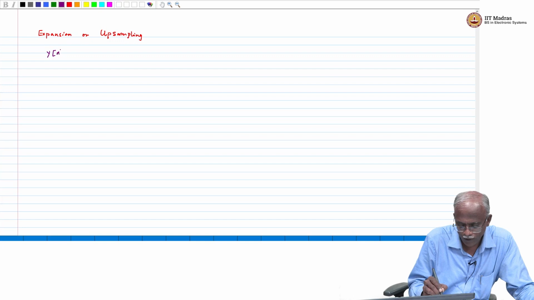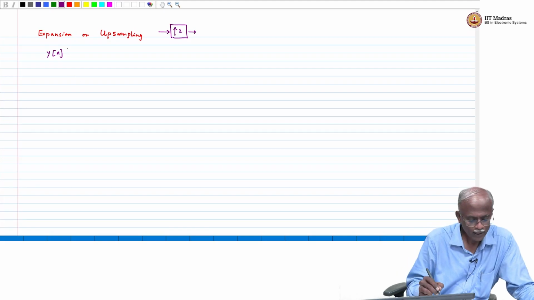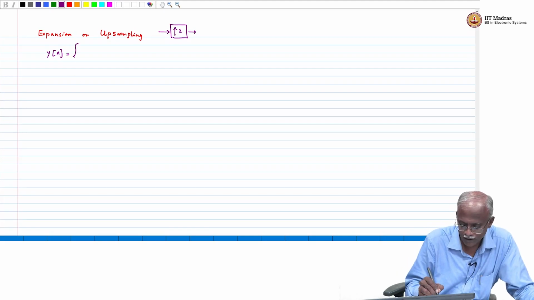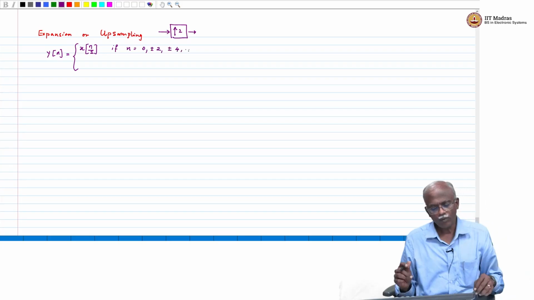So, if y of n, I want to upsample by a factor of 2. Its input arrow now goes up with a factor 2. So, the definition of this is equal to x of n by 2 if n equal to 0, plus minus 2, plus minus 4, and so on.